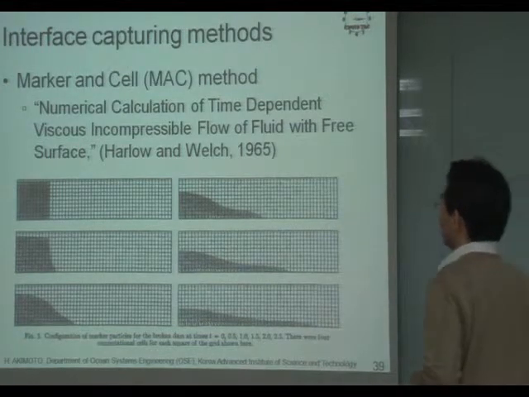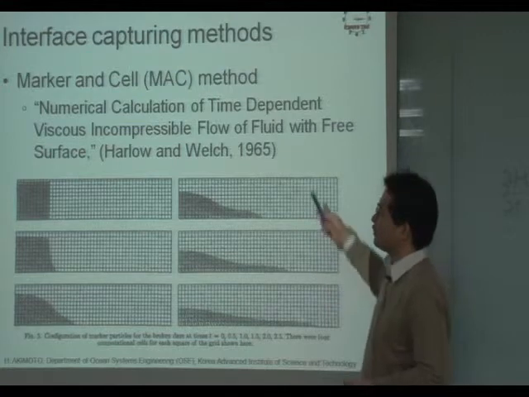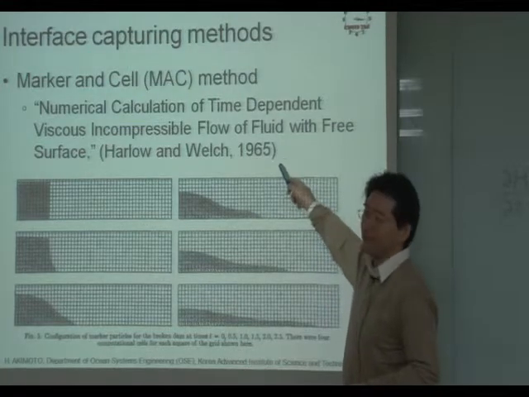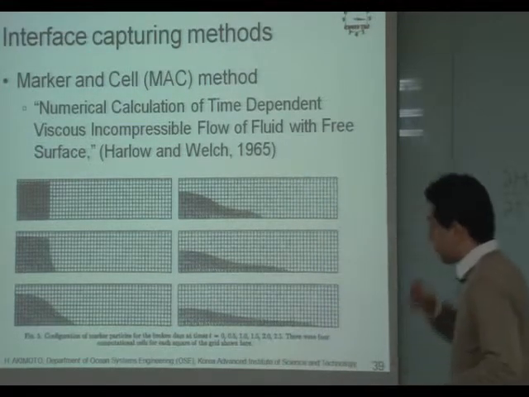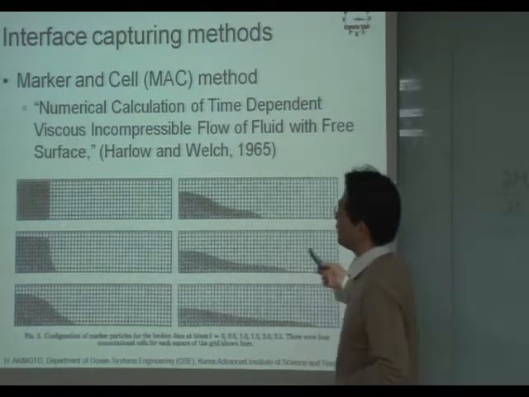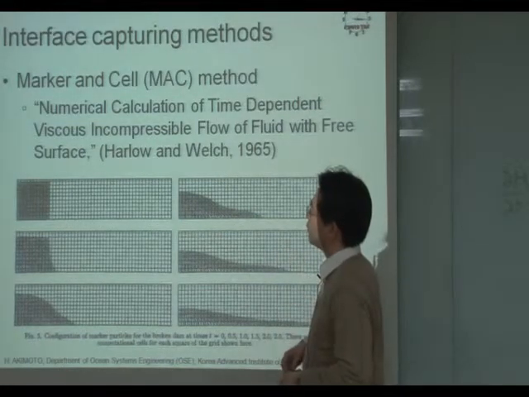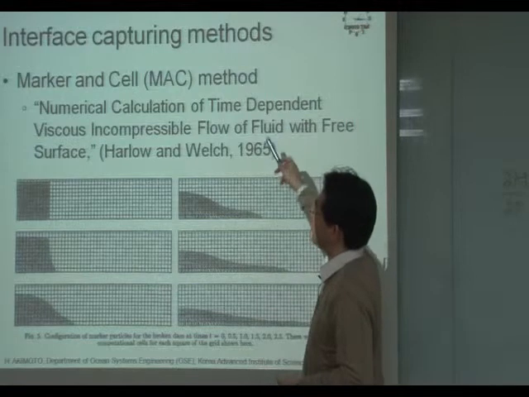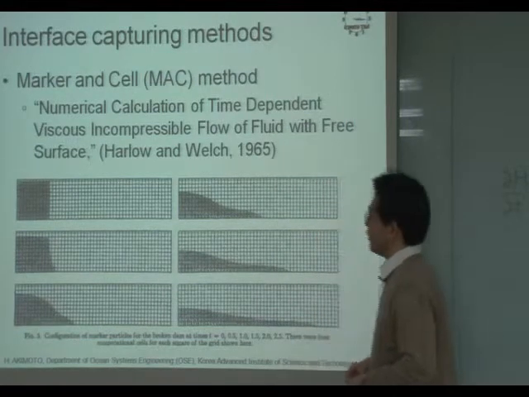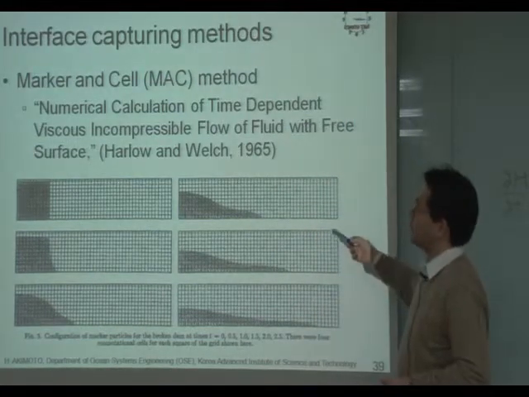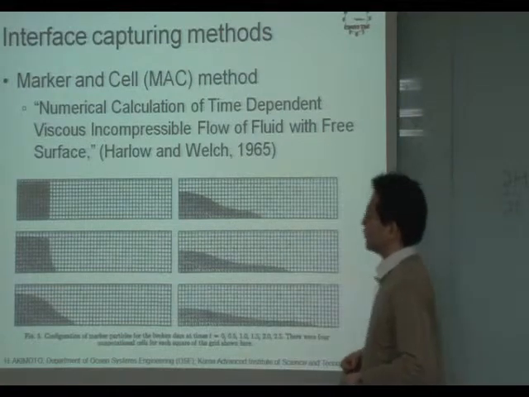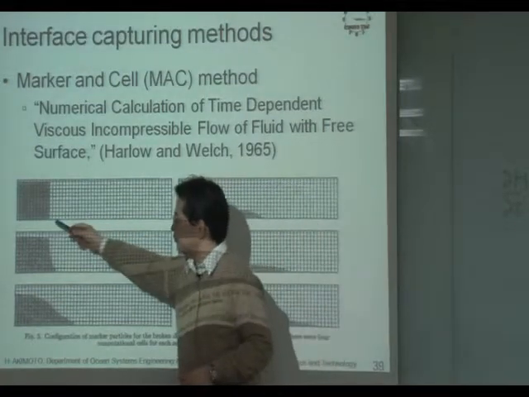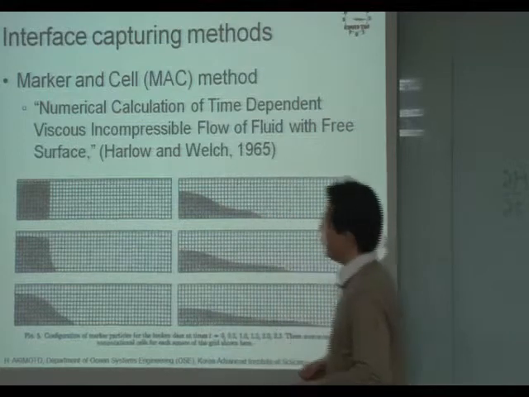So I recommend you read this one at least one time. At present, we have to concentrate on the marker and cell approach. The problem they solved is the water dam breaking phenomenon.